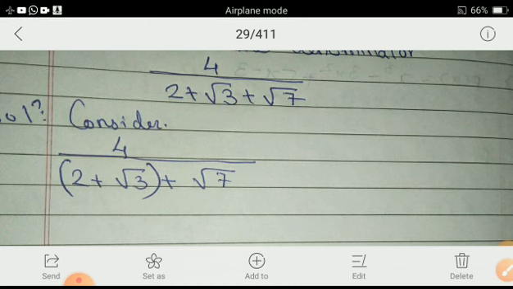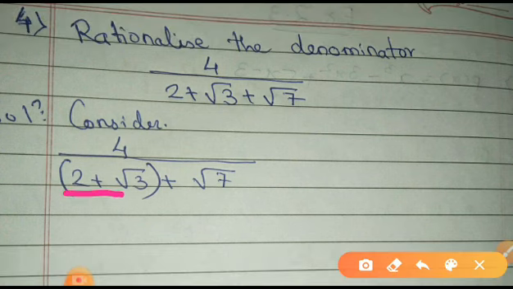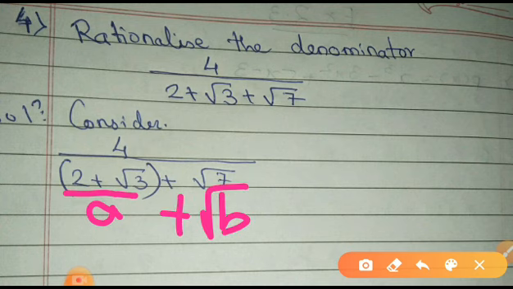Now 2 plus root 3 I have to consider as a, something term a, and this is your root b suppose. Then if you have like this, then what you will do? In that case, you are going to multiply with a minus root b. Yes, the same thing.